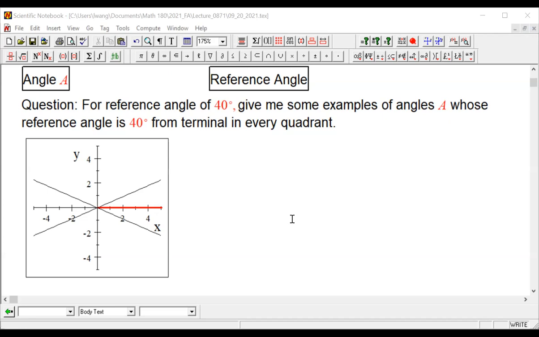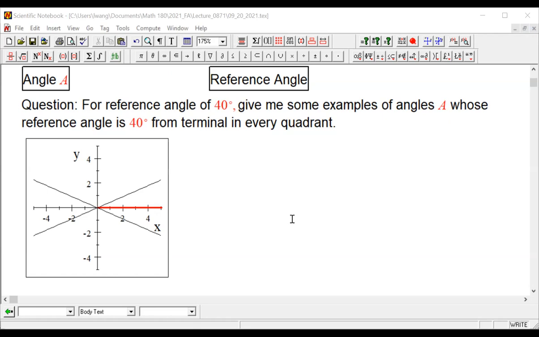You see, I want you guys to identify those other angles with the same reference angle. How many can you find? Infinite. Ola, you are absolutely right.